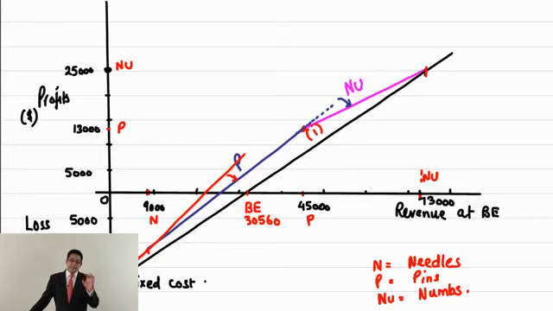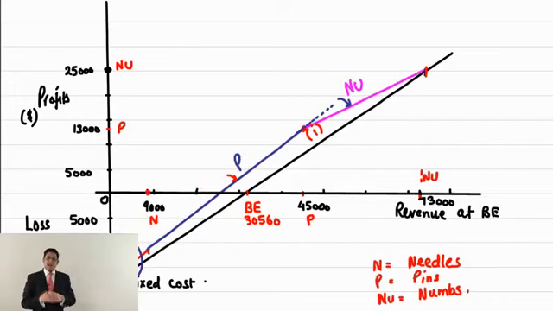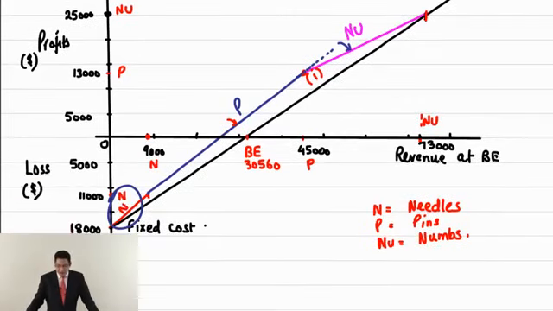So what management can get from here, management can start allocating more resources to needles, and sales teams should start looking for more customers for needles than nums or pins. So more production for needles, and sales or marketing people start looking for more clients for needles, so let's produce and sell the product which brings more money.